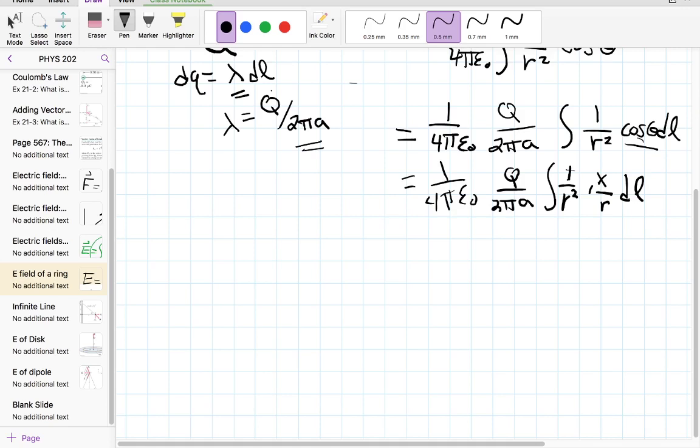Okay? We can write that this is equal to 1 over 4 pi epsilon naught q over 2 pi a, 1 over r cubed times x, times the integral of dl.